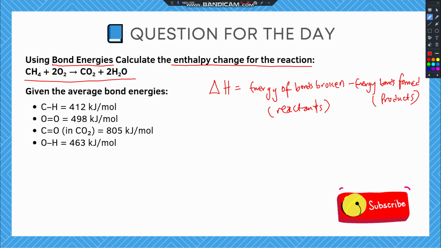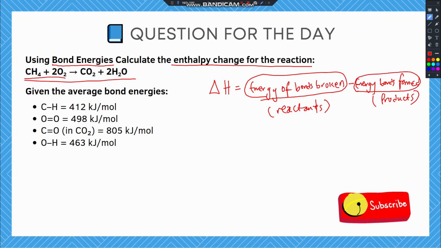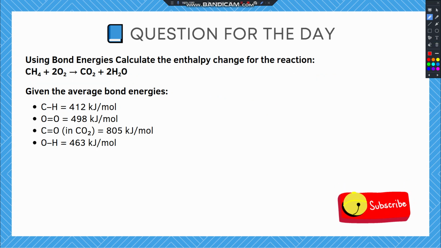So to solve this question, we simply need to find out the energy of the bonds that have been broken, which stands for the reactants on the left side of the equation, and then we also need to find out the energy of the bonds that have been formed, which stands for the product on the right side of the equation. So let's get into this question step by step.